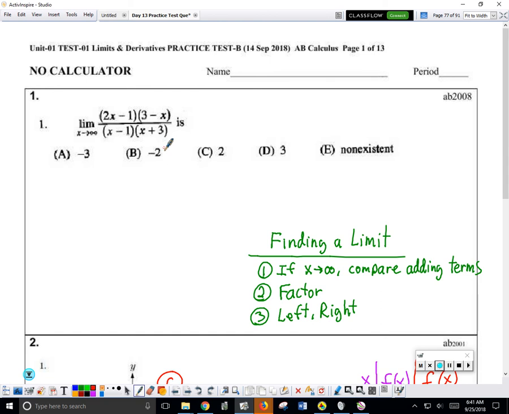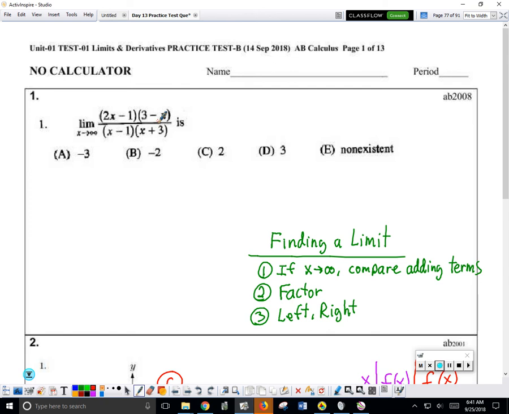Okay. So the 3 minus x. Good. So I compare the 3 added to a negative x. As x gets larger and larger and larger, will one of those two completely overwhelm the other? Meaning as you're adding them, one becomes very insignificant, the other one becomes extremely significant. Yes, the x. Perfect.